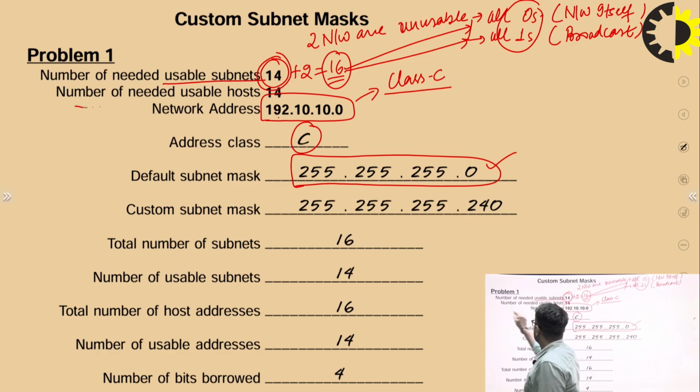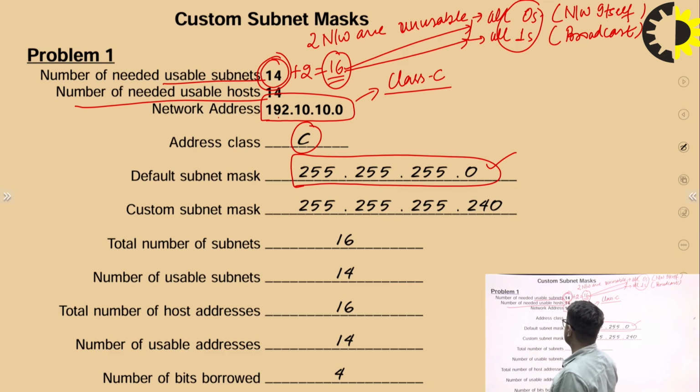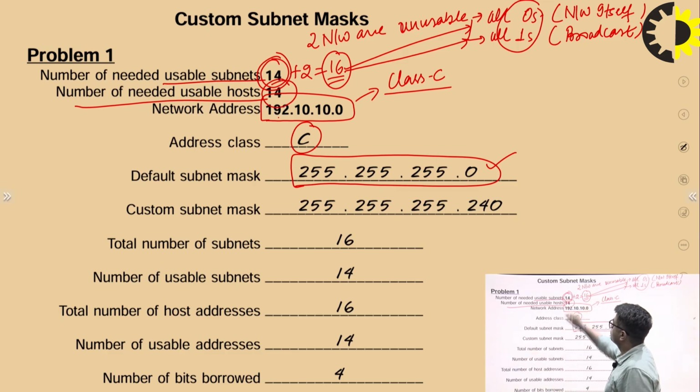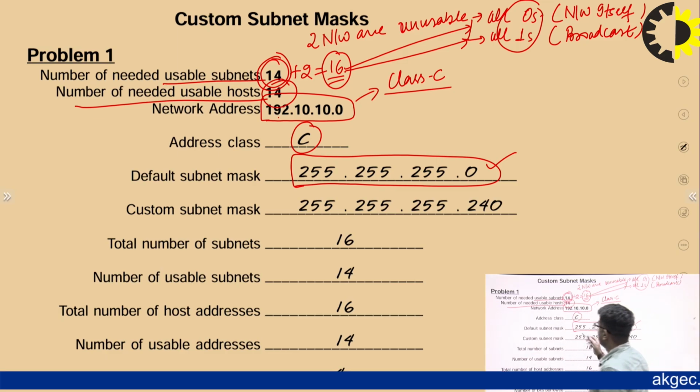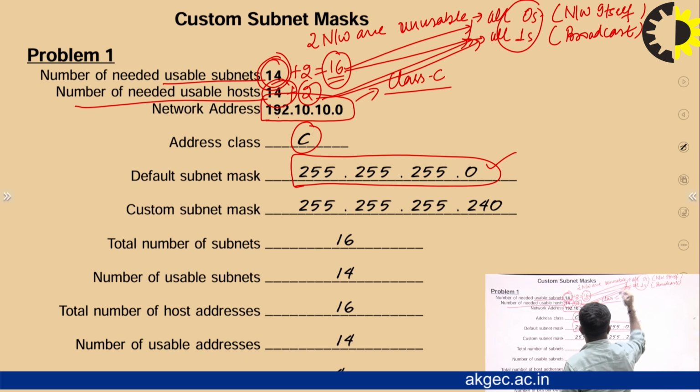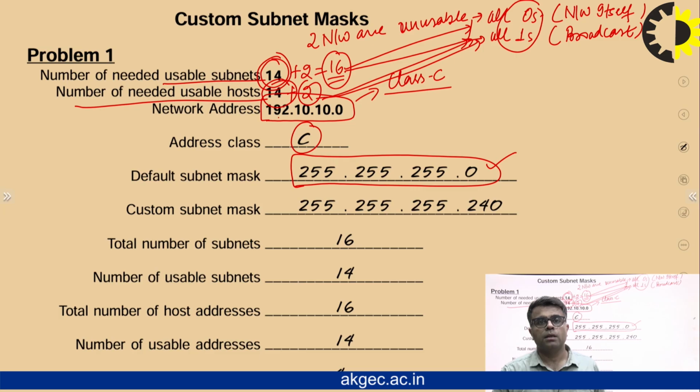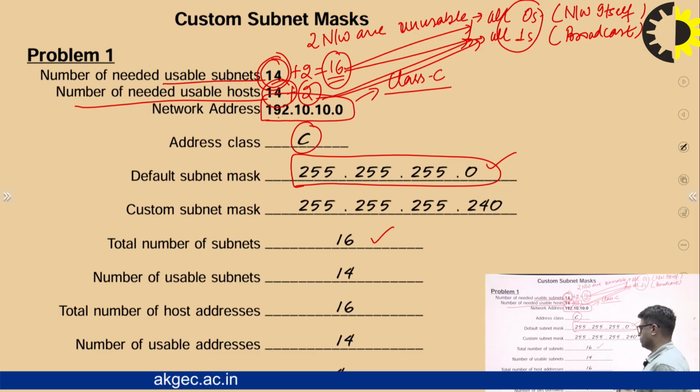Similarly, number of usable hosts, again 14. Again, we are very much clear that plus 2, because again all zeros and all ones can't be used. So again 14 can be the usable number of hosts. So total number of subnets 16, out of which we will use 14, 2 avoided.